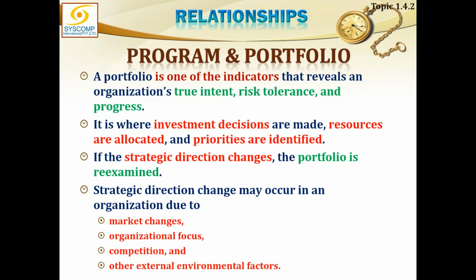If not, then certain projects and programs would be killed, and new projects and programs according to the new funding requirement would be initiated. Stakeholder direction change may occur in an organization due to market changes, organizational focus, competition, and other external environmental factors. So you see, the organization can change its strategy based on many things like these.